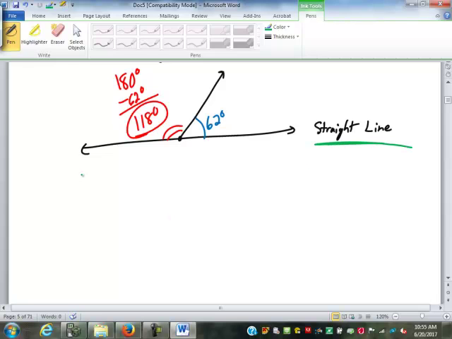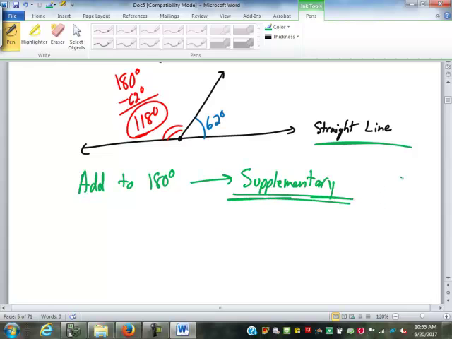Two angles that add to 180 degrees or form a straight line are called supplementary. They do not have to be adjacent angles. If they are adjacent, it forms something a little more powerful called a linear pair. But if they're adjacent and they form a straight line, we know that they have to be supplementary.